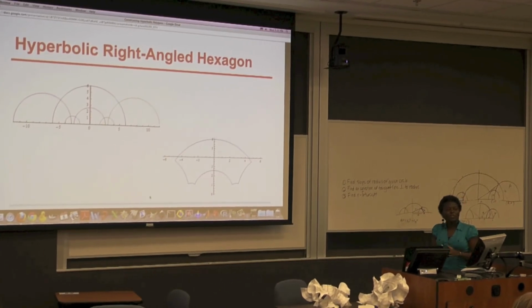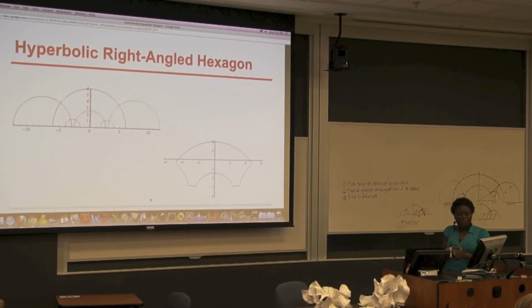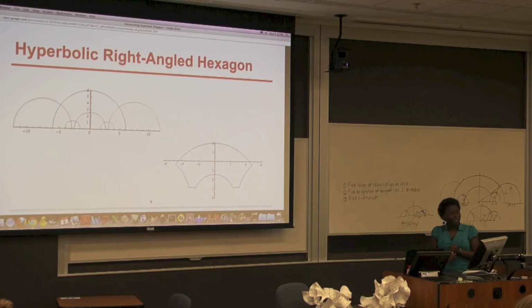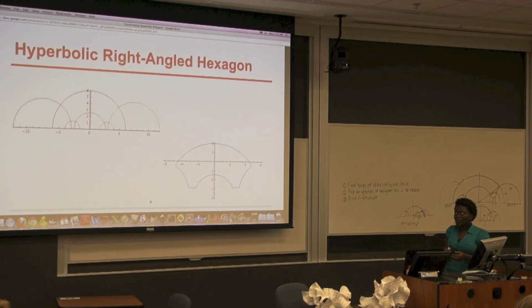My goal was to create this right angle hexagon. But you can get a right angle pentagon, you just can't get anything lower than that. In Euclidean geometry you can get a rectangle, but not a right angle pentagon. And as you can see, you can get a right angle hexagon too, and a heptagon, octagon, and so on.